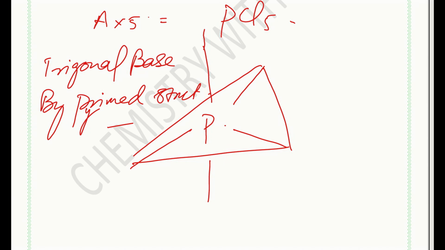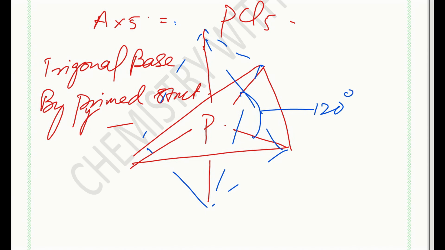Okay, so the original structure is going to be moving into these two pyramids which are being made. So this is the structure, and this bond angle is 120 degrees, and the other bond angle, which is the vertical one, is 90 degrees, right? So it's trigonal bipyramidal structure, and it's a very, very important one.